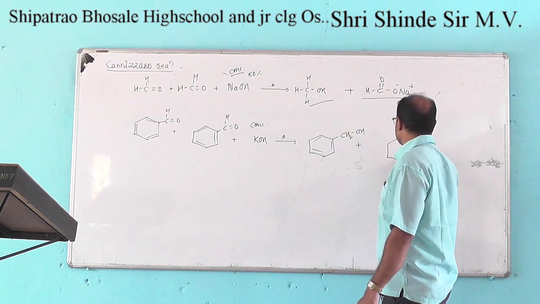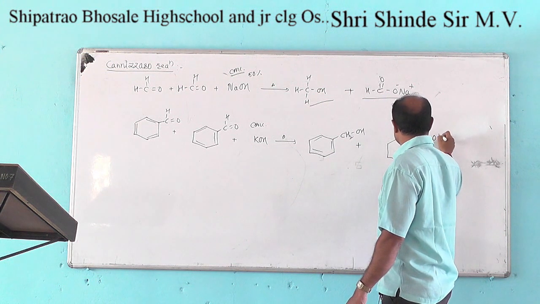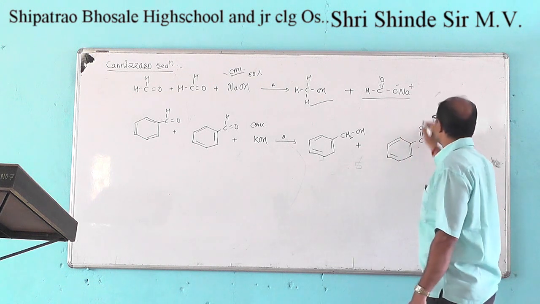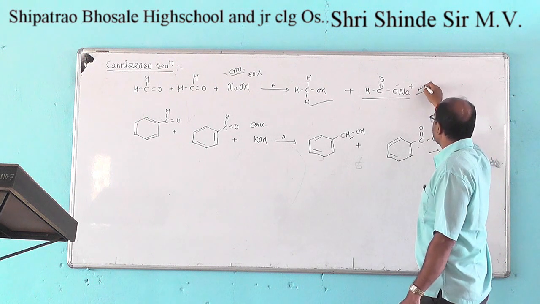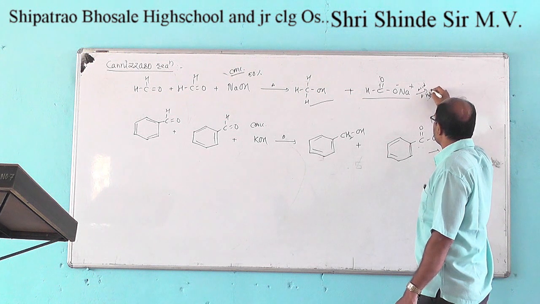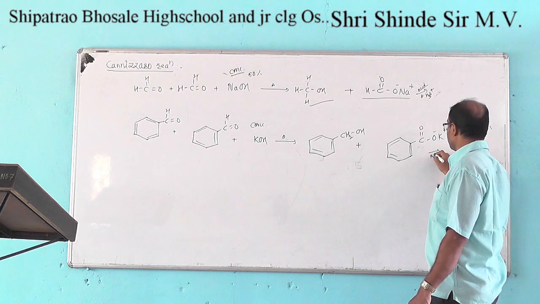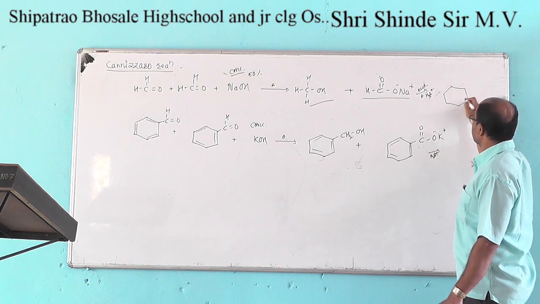Another molecule is oxidized to the corresponding salt of carboxylic acid. These salts further undergo acid hydrolysis to give the corresponding carboxylic acids.